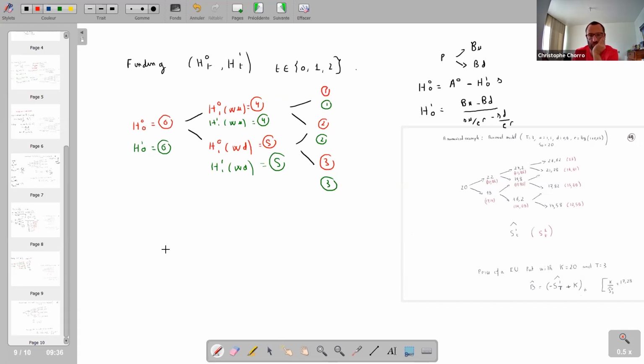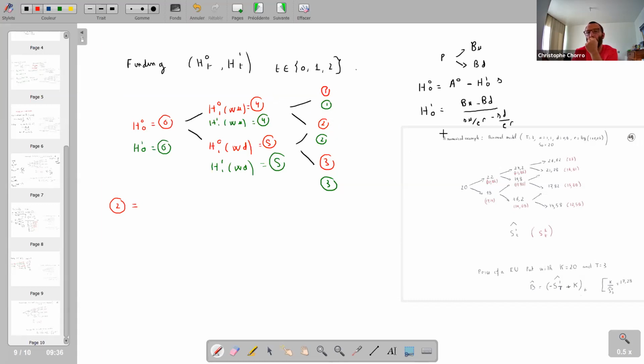So for example, if I want, let's say, 2. What is 2 here? The quantity of risky asset I have to put in my portfolio at time t equal to 2 when I am in this situation here.